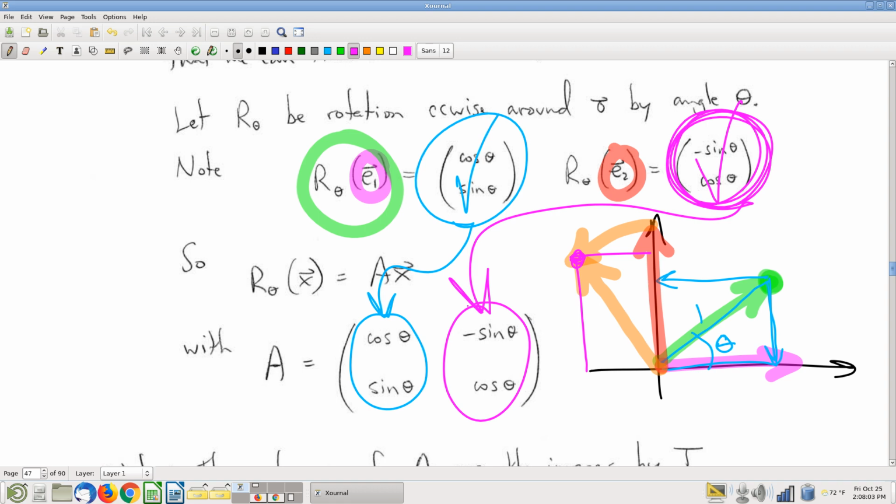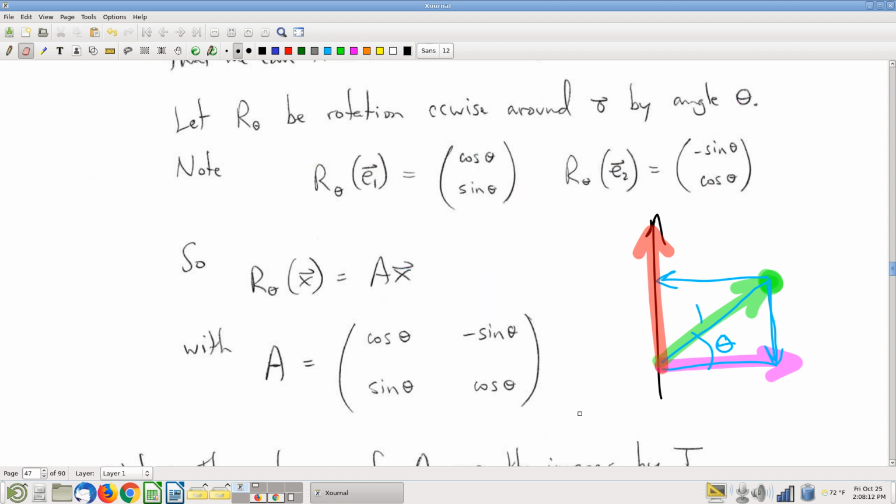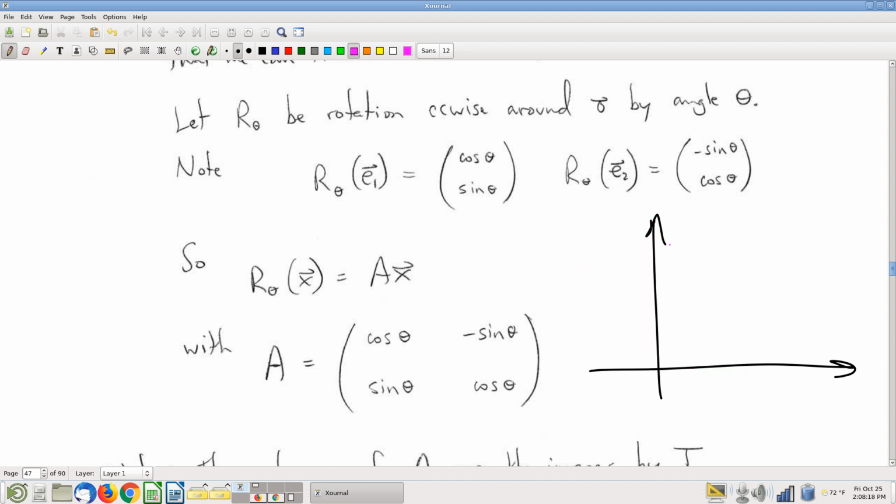Notice, how would you do this in a trig class in high school? If all you knew in a trig class was that you've got some vector and you want to rotate it by some angle theta, how do you even get started?